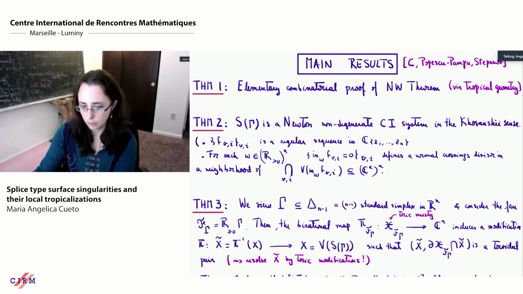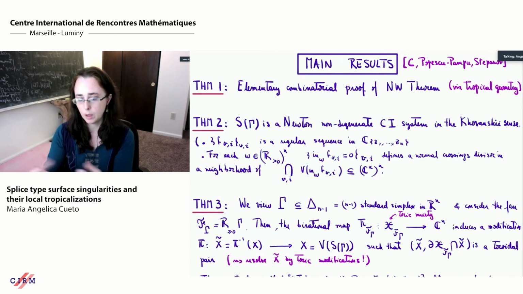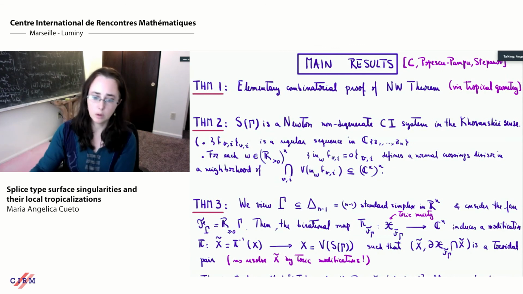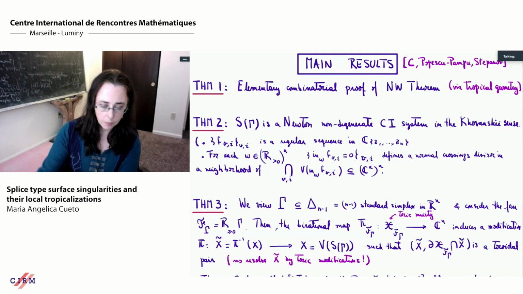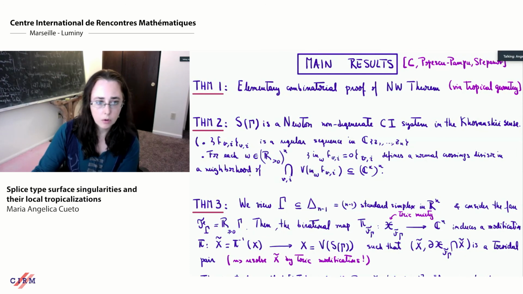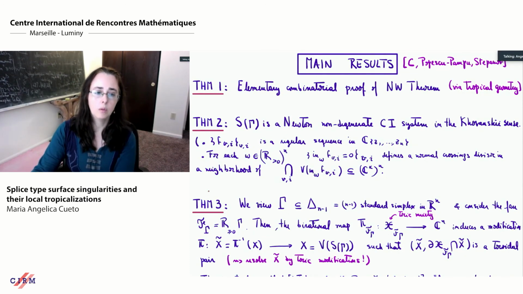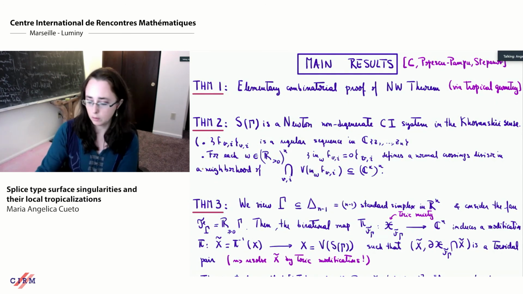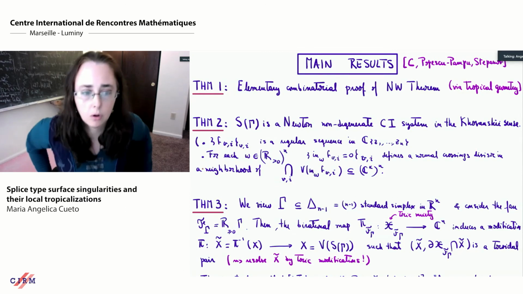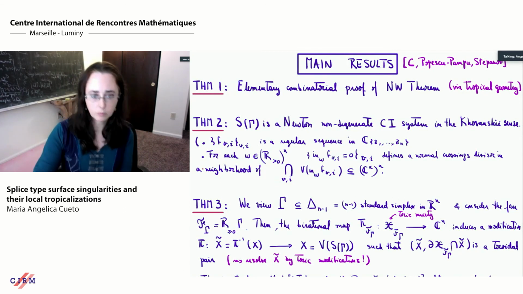After, of course, you re-embed, and once you re-embed, you can really just focus on toric geometry. And as you can see, of course, Theorem 2 is stronger than Theorem 3. So Theorem 3 is basically going to be a corollary of Theorem 2.